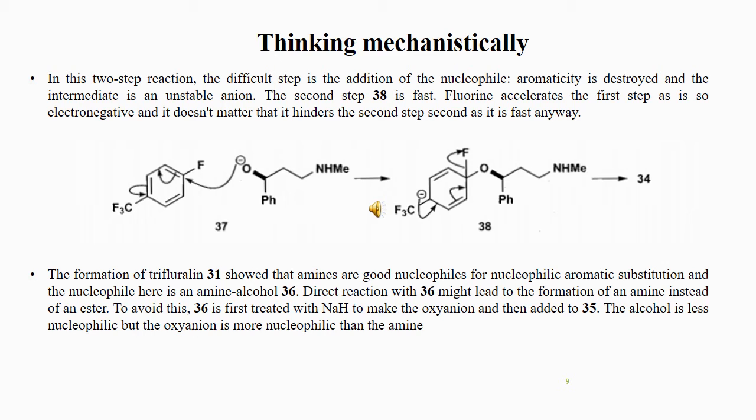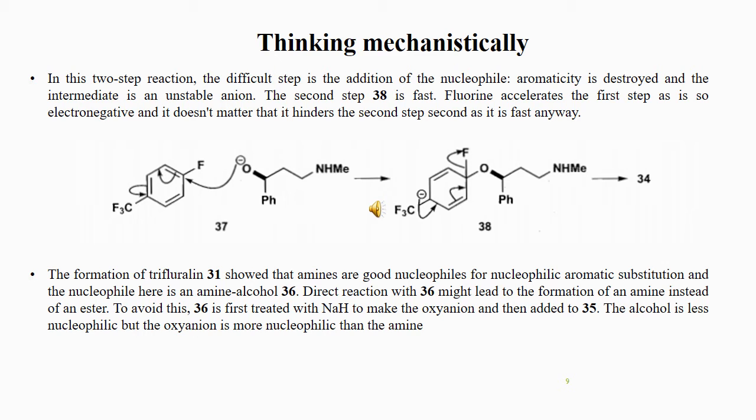Now, in the formation of trifluorylene 31, we showed the amines are good nucleophiles for nucleophilic aromatic substitution. And the nucleophile here is an amino alcohol, that is 36. Direct reaction with 36 might lead to the formation of an amine instead of an ether. Now the number 36 was given in the previous slide.